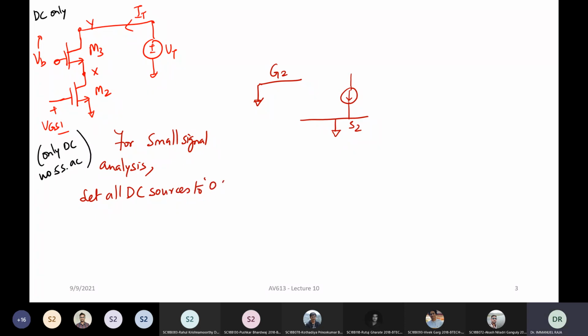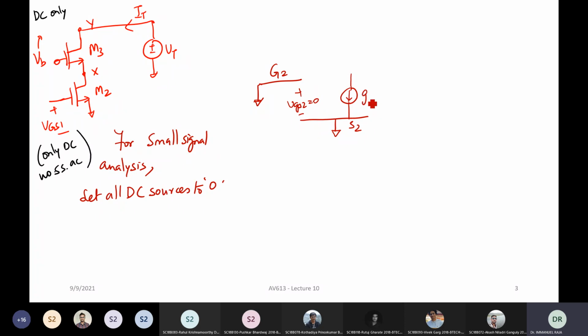So here the DC voltage is set to 0, there is no AC. This is at ground, this is at ground, so VGS2 is equal to 0.